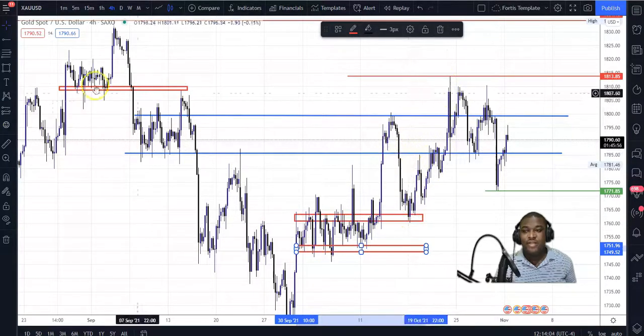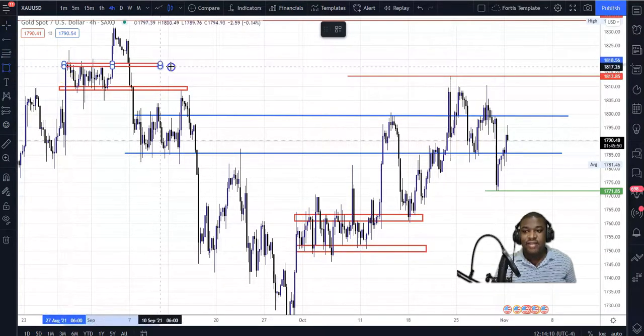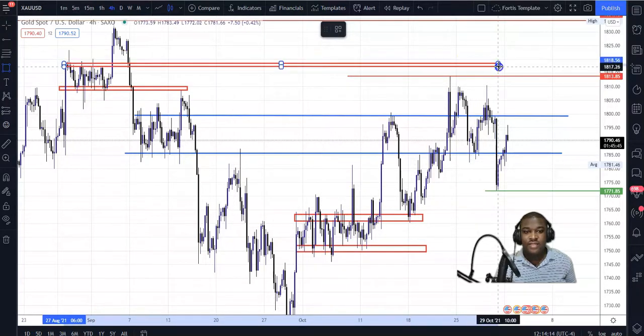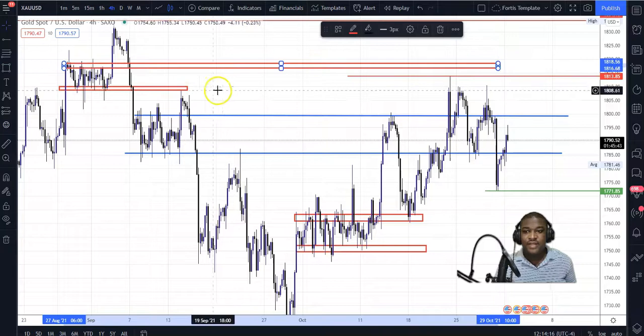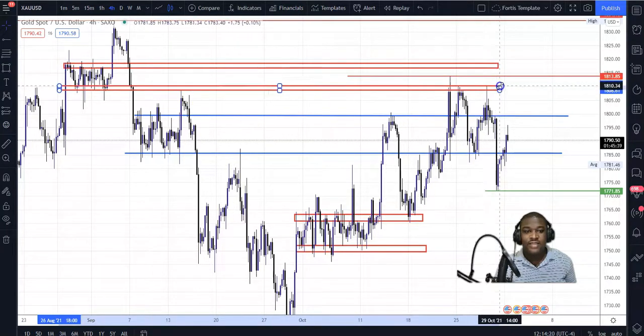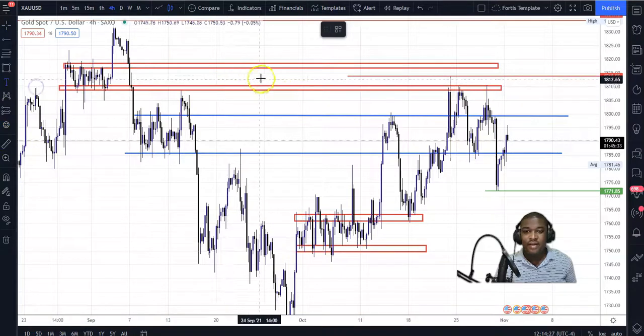Now for areas in which there was a bullish move that sent the price high above into these areas, let me just pull it across, I want you guys to see this properly. Market price encountered the bottom section of what this entire area is. This entire region is actually a supply order block.